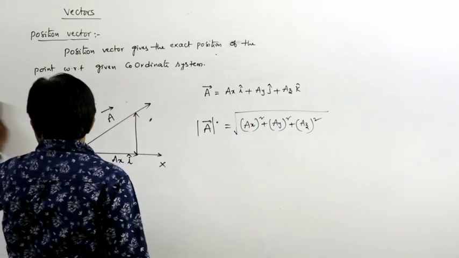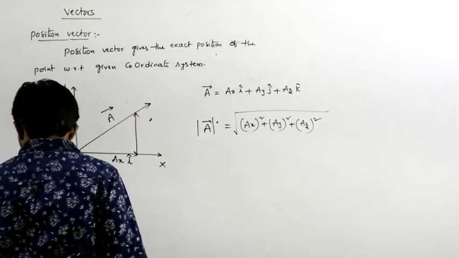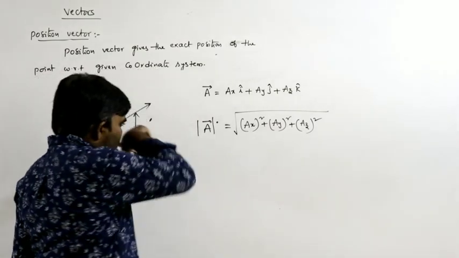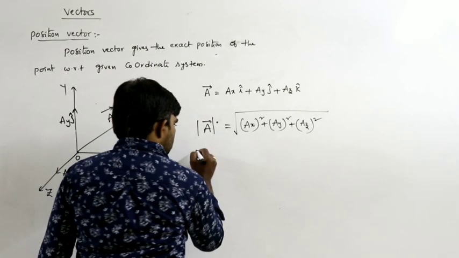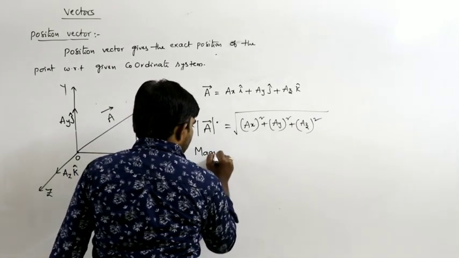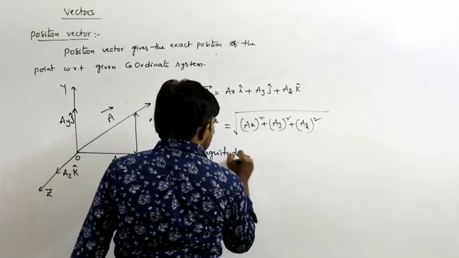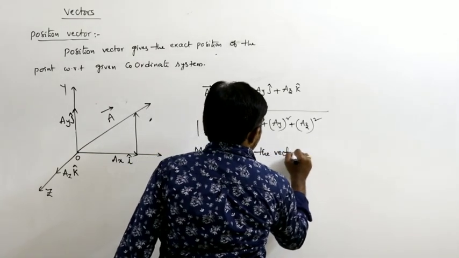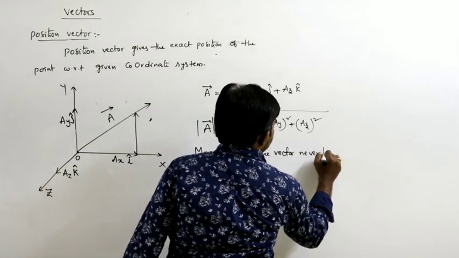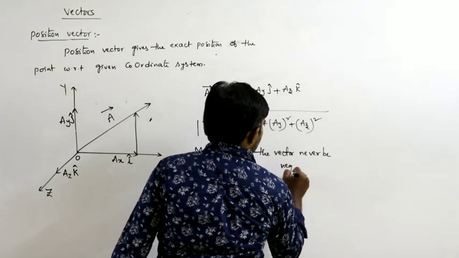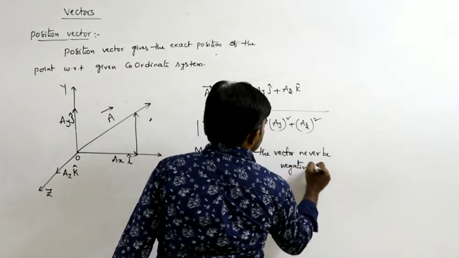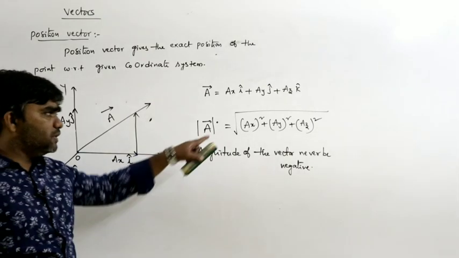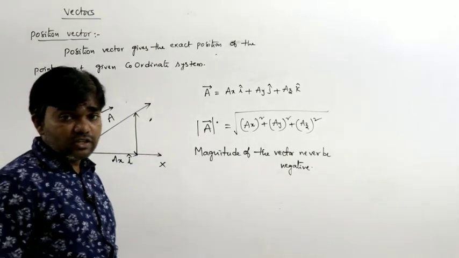One more point: the magnitude of the vector can never be negative. Always it must be positive.